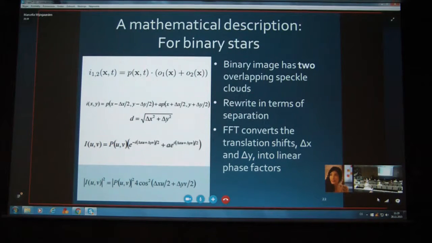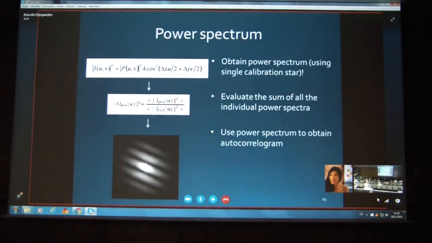And notice here that we ended up with a cosine function, and this will help us later on. Because above you see the same function as before. And by using the speckle frames of also a single calibration star, a reference star, we can obtain the point spread function and use the middle formula that divides the average of the image functions by that of the average of the reference star functions.